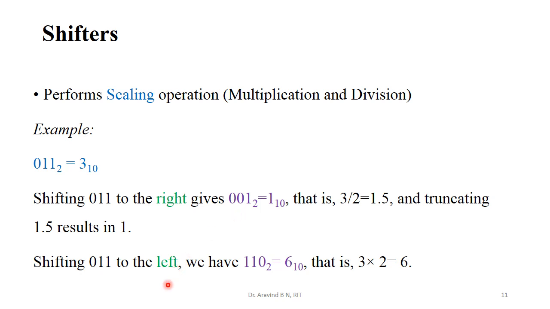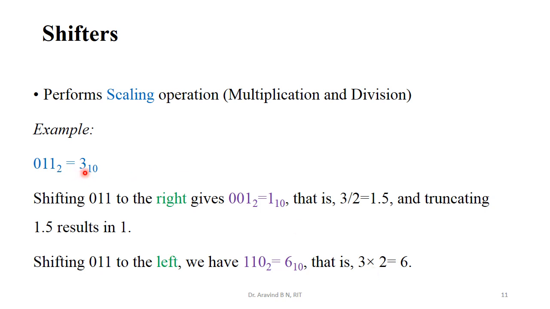Now there is one more operation, that is the shift left operation. Now perform the shifting of this 0, 1, 1 by 1 bit left. So we are going to have the answer 1, 1, 0, that is equal to 6 in decimal. Now this is the multiplication operation.